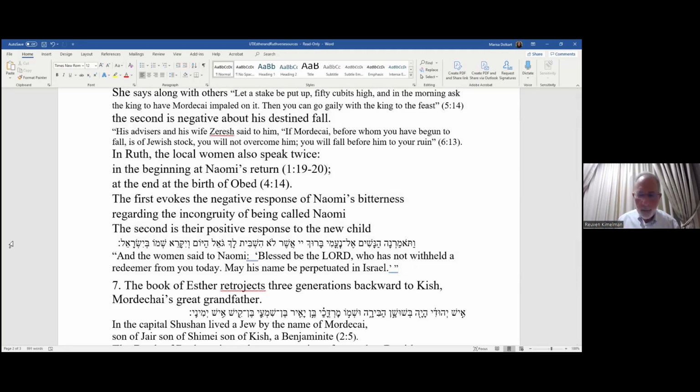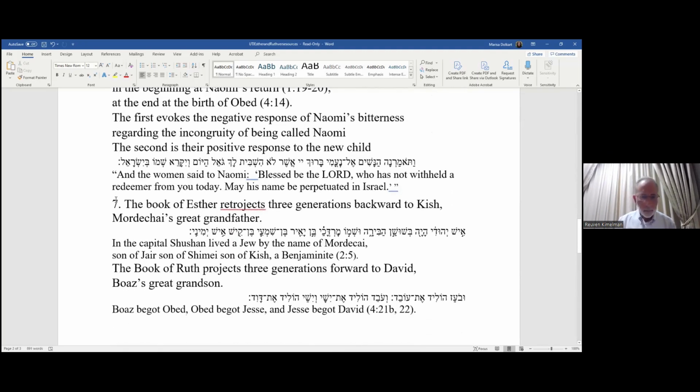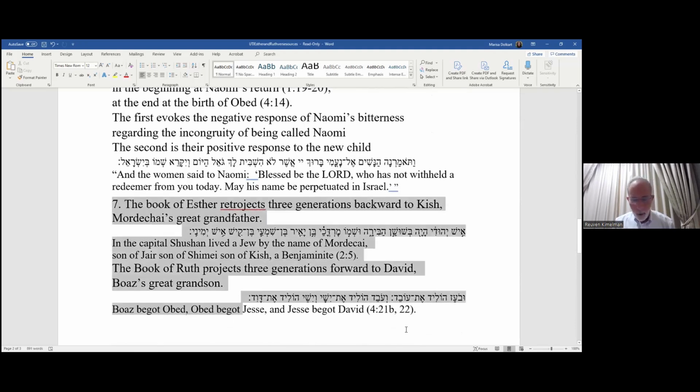There's also a commonality of historical perspective. Look at number 7. The book of Esther retrojects 3 generations back to Kish, Mordecai's great-grandfather. It says, "Ish Yehudi haya b'Shushan habira, ushmo Mordechai ben Yair, ben Shimi, ben Kish, ish Yemini." In the capital Shushan lived a Jew by the name of Mordecai, the son of Yair, son of Shimei, son of Kish, a Benjamite.